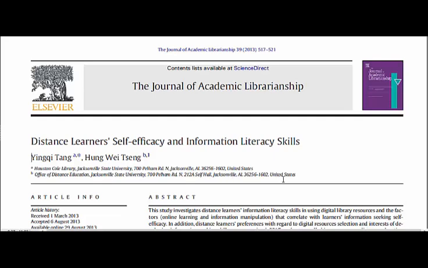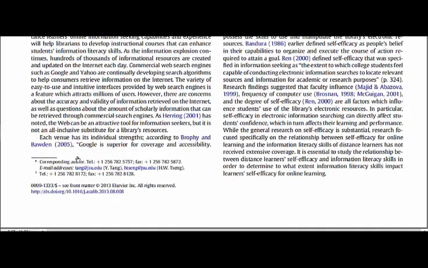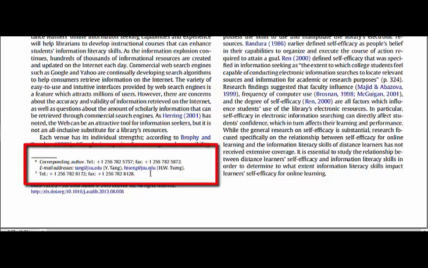This university is a reputable higher education institution in America. By clicking on the author, the contact details of the authors are included in one of the footnotes in the article. It is therefore possible to verify the affiliation of the authors with the university.